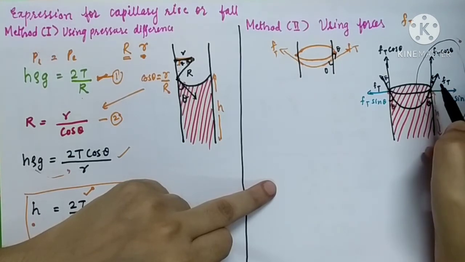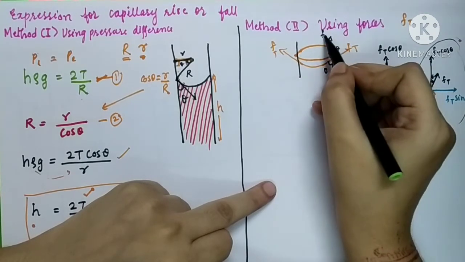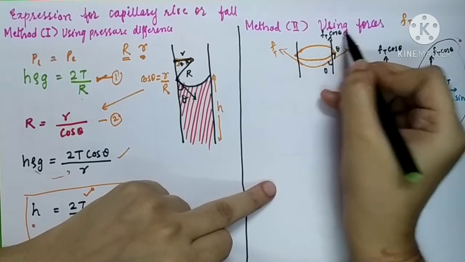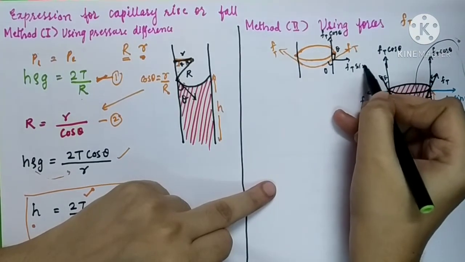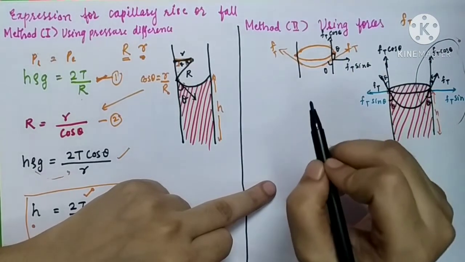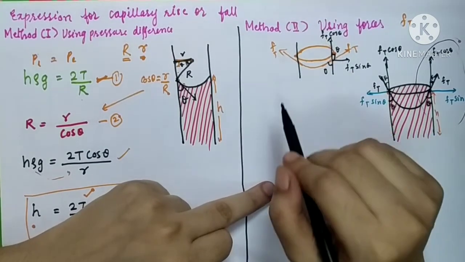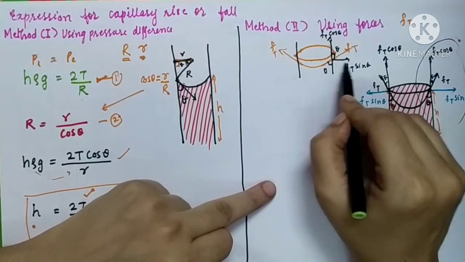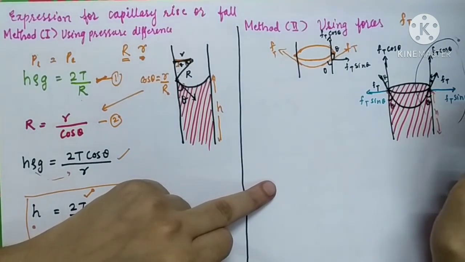So the component of this one will become Ft cos theta, and this one will become Ft sin theta. So Ft is to be resolved in two parts. Ft cos theta will be acting vertically and Ft sin theta is perpendicular to it. So Ft sin theta we are going to get like this.